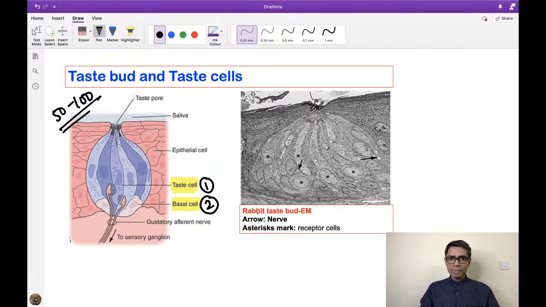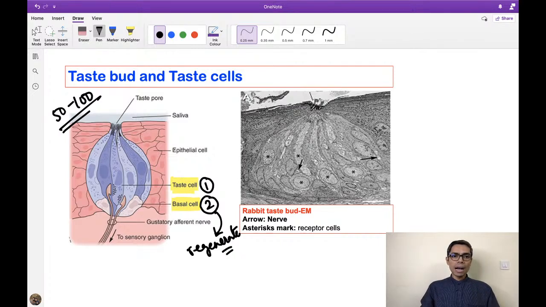Recall, the basal cell there behaves like a stem cell, meaning it can regenerate the olfactory sensory neuron. Same thing here: this cell can regenerate the taste cell. That means this basal cell is also acting like a stem cell, although we do not use the word stem cell, but it can regenerate the taste cell.